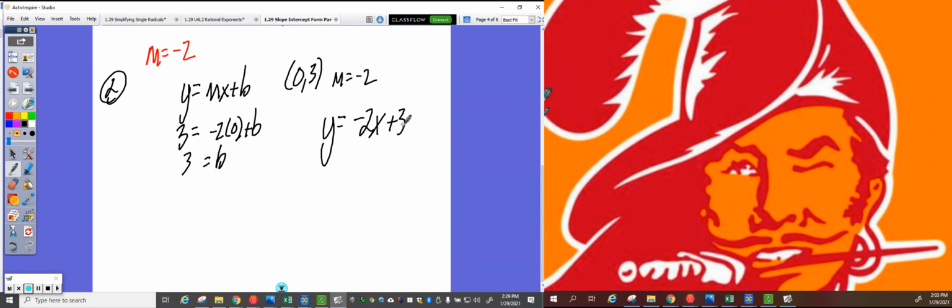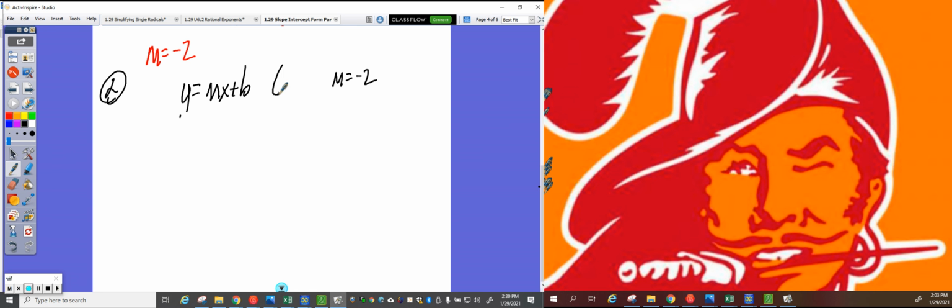Can you go back and do the other one? Either one you want. I picked the 0, 3 because either one you pick should give you the same answer. Can you do the other point? Yes. So let's do the other one. The other point was 4, -5.